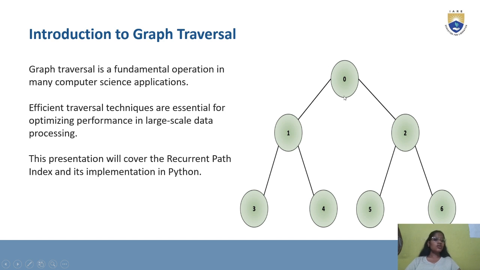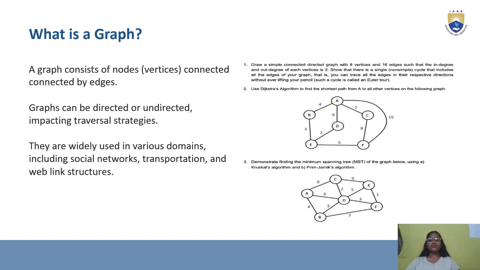Now here 0 is connected with 1 and 2, meaning it has two edges, which sums up the 0 node has two edges, and the 1 node has three edges, and the 2 node also has three edges. Then 5 has only one edge and 6 has only one edge. Same goes with 3 and 4. So this is how the graph traversal works in Python.